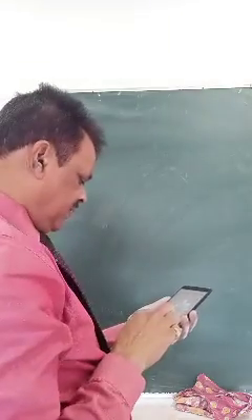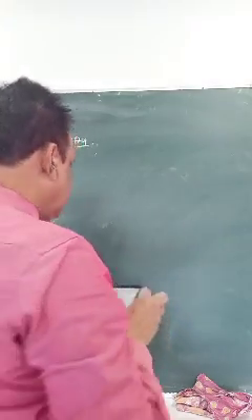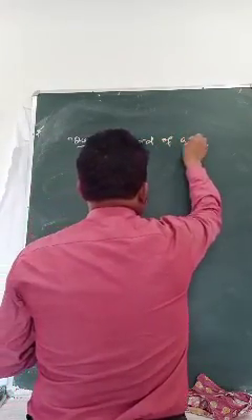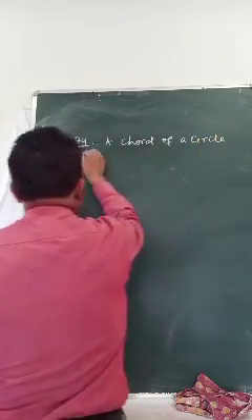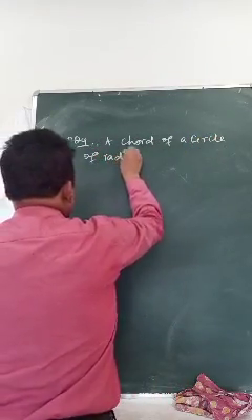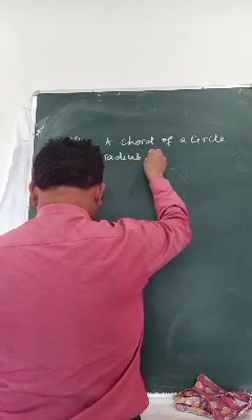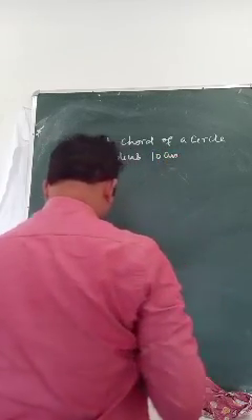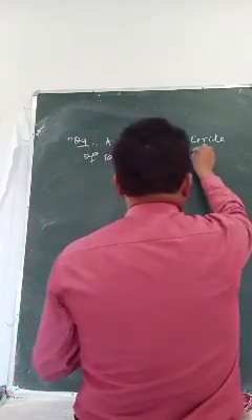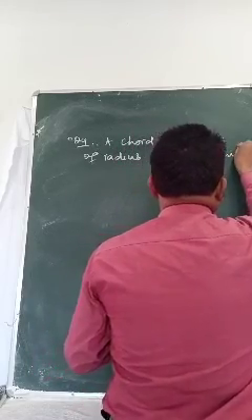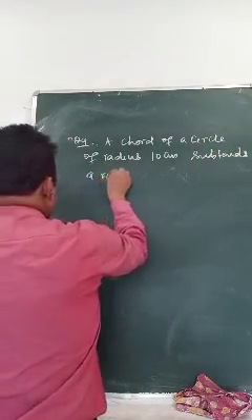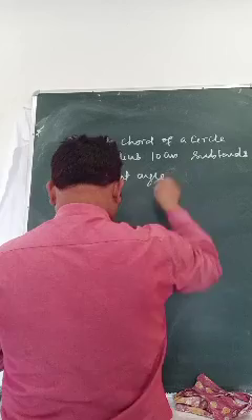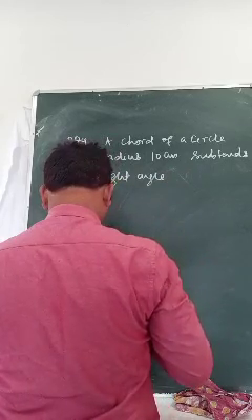Question number 4. A chord of a circle of radius 10 centimeter subtends a right angle at the center.